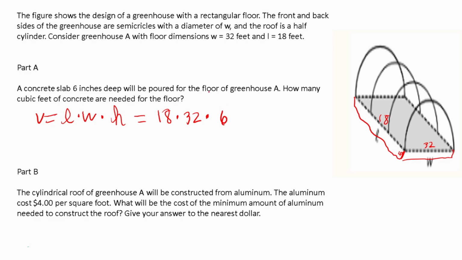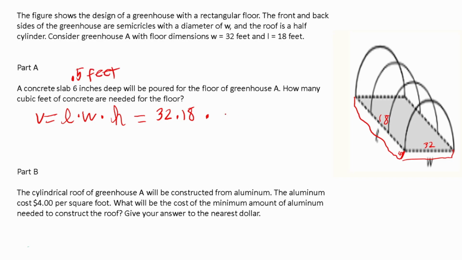Oh, just kidding. We need to be careful here because these are in feet and we're given inches. So we need to convert. We'll convert our 6 inches into feet. 32, 18 will stay there. And how many inches are in a foot? It's 12. So this is really like 0.5 feet.